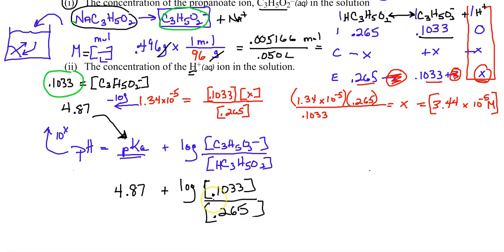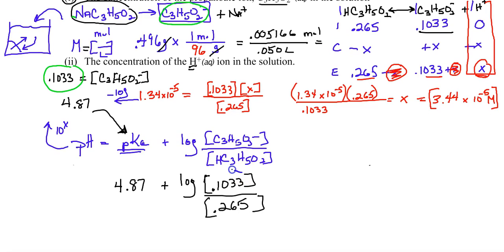So go find that number. You go 0.1033, and you're going to divide by 0.265. So this number right here is just 0.3898, and just find the log of that number.